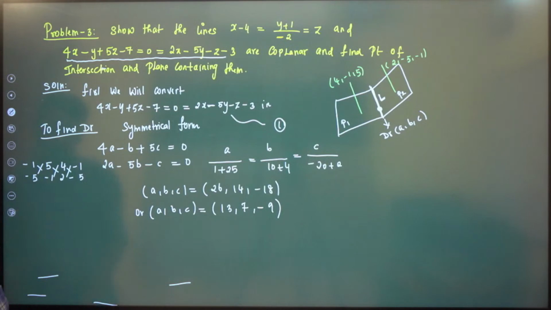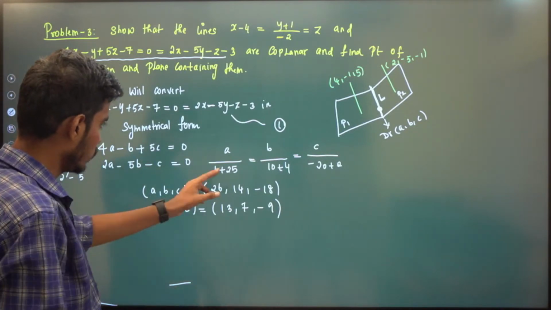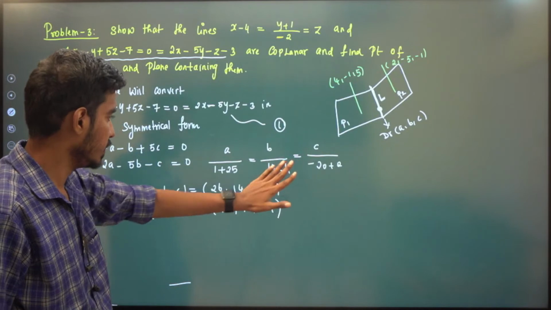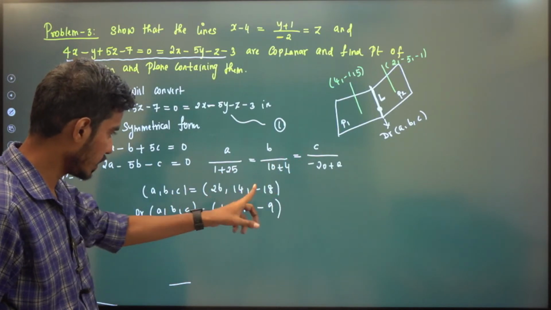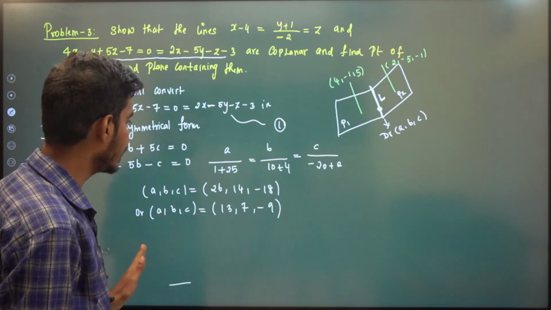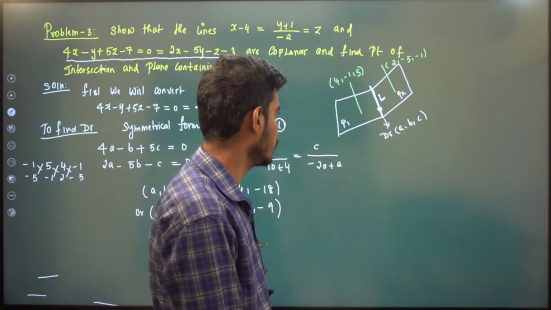So 1 plus 25, 10 plus 4, minus 20 plus 2. So 26, 14, minus 18. After this, 13, 7, minus 9 is the direction ratio of this line.